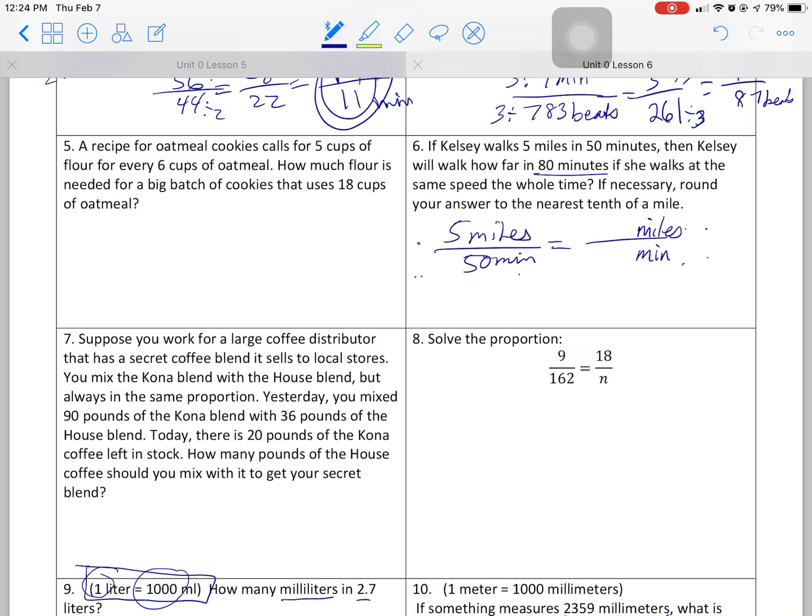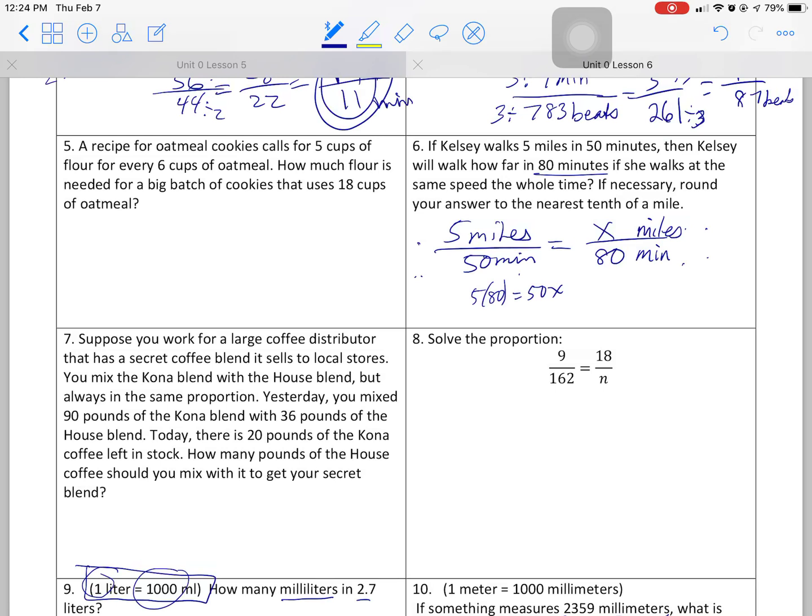And then, let's see, if she walks 80 minutes, so that means the 80 goes here, and this is the one I don't know. So bunch of ways to do this one. You could do 5 times 80 equals 50x. I don't know that I did it that way, so let me do the math.